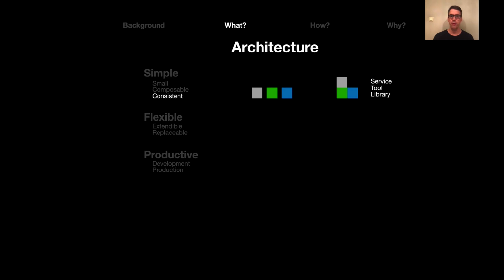And they are also very flexible. So the way we extend or grow our code base is by adding new building blocks to it. And they are also replaceable. We can easily replace those building blocks, just like Lego bricks. It also makes us productive.